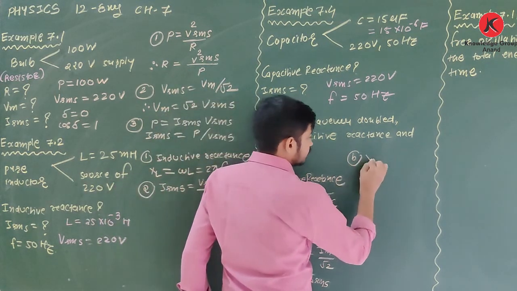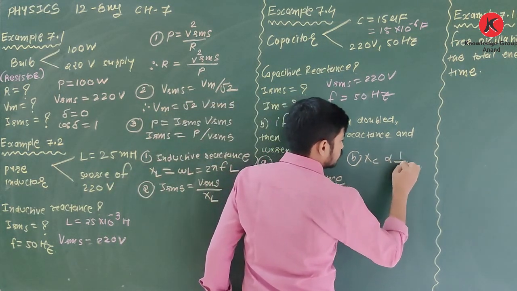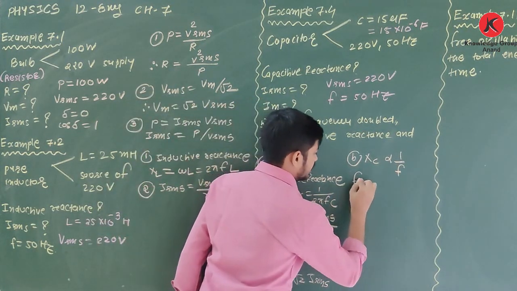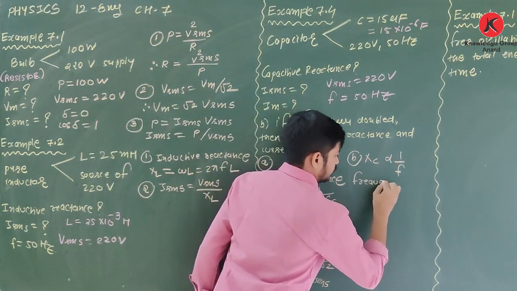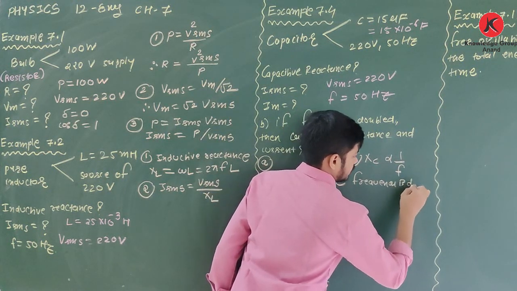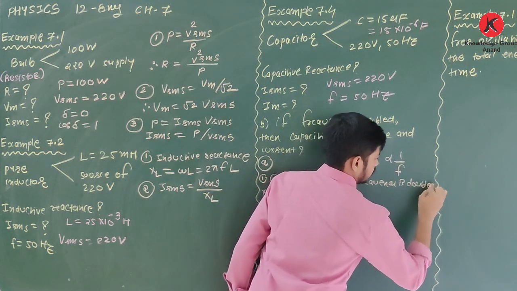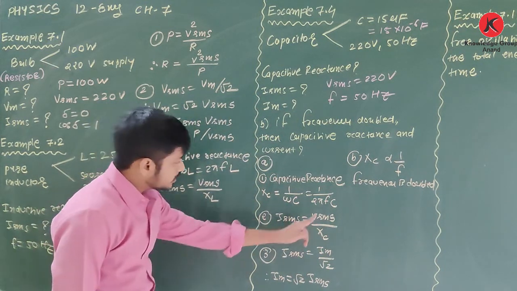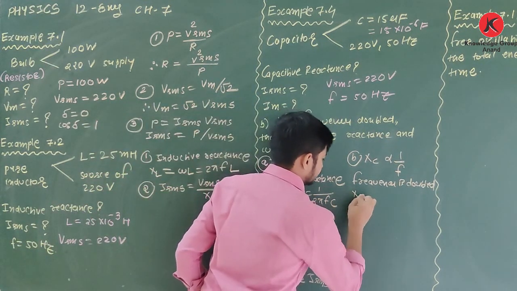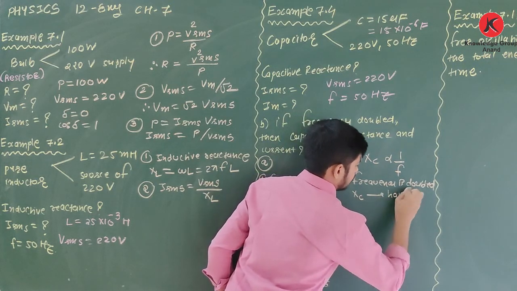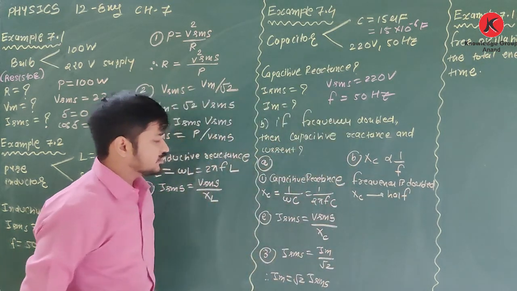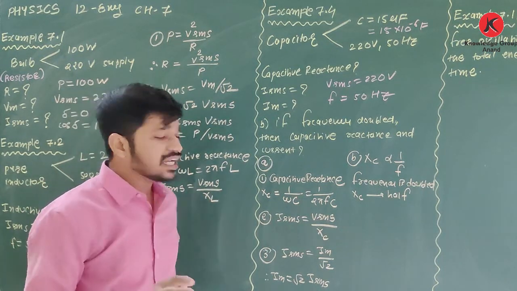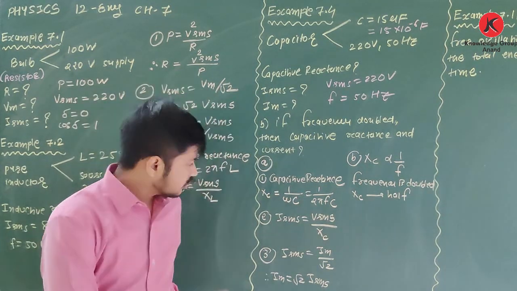So Xc is proportional to 1 upon F. If frequency is doubled, then Xc becomes half, because they are inversely proportional to each other.